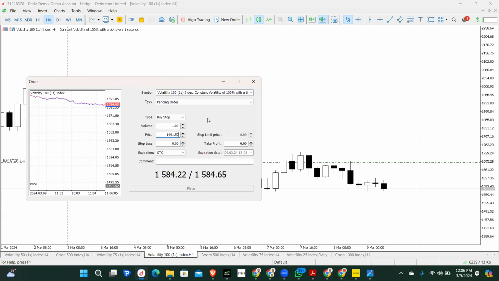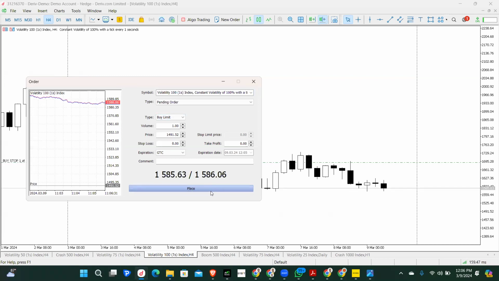You see that this button to place the trade is not clickable again. This is one of the ways to tell you that what you are doing is wrong. You can't be using buy stop and want to buy below. But if I change this to buy limit, it's going to be active. Have you seen it?